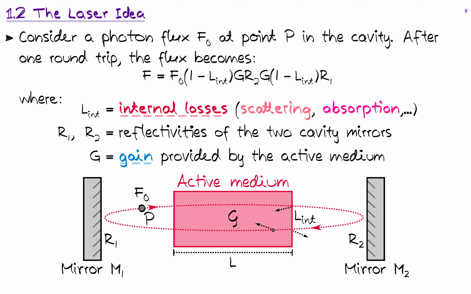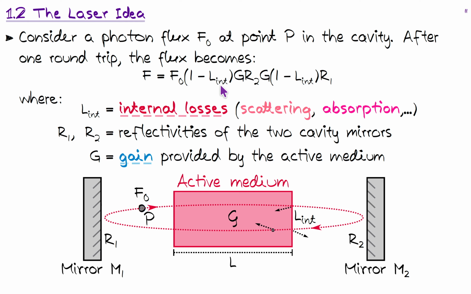So now let's look at what these terms imply. We start with a given photon flux here at a point P, and we start propagating. First we propagate through the active medium of length L, and we are also incorporating the losses here. So this first 1 minus L_int is basically the losses due to propagation.